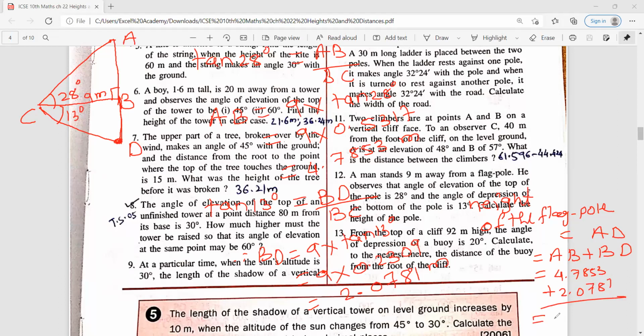So it happens to be 6.8634 meter. The 34 you can neglect or omit. So the final answer should be 6.86 meter. That's all. Okay, so this is how you have to do it.